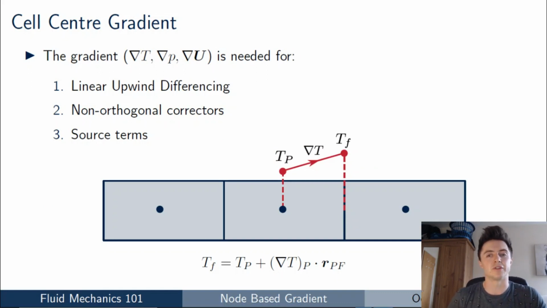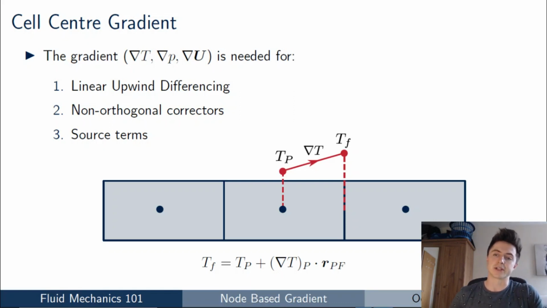And as another reminder, why do we need the gradient in CFD codes? Well, we need it for some discretization schemes, such as linear upwind differencing, for example. I've got an example of that scheme in the diagram on the screen.